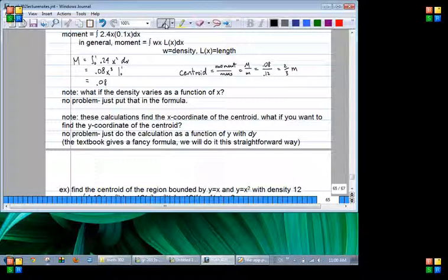We're going to need to know what the actual region is. So what's the actual region?